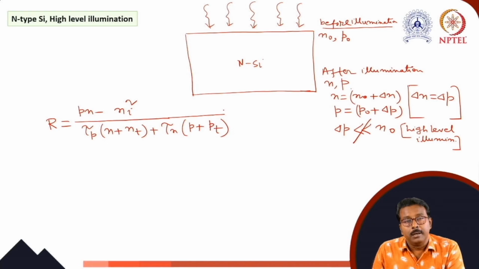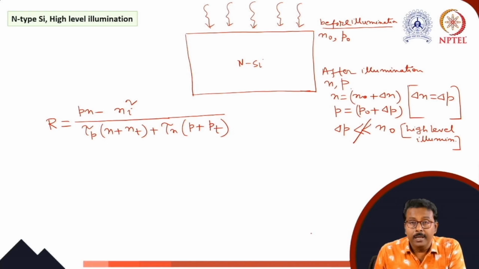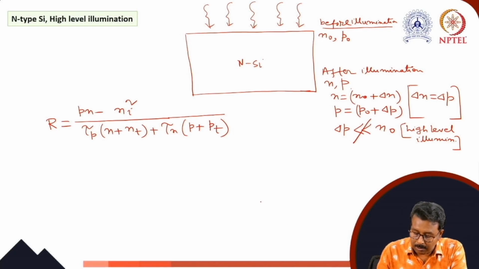In a similar way, like the earlier case, here also in the numerator we can get the expression, but N0 and delta P cannot be neglected this time.